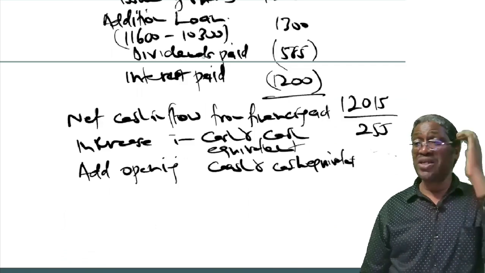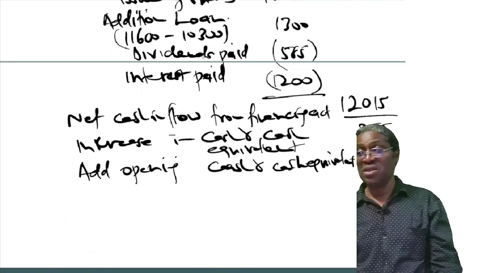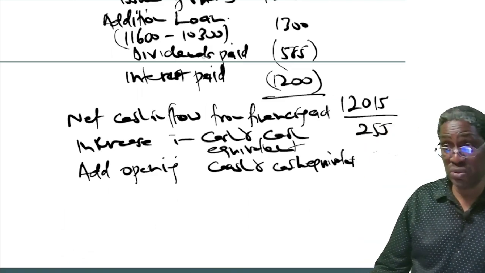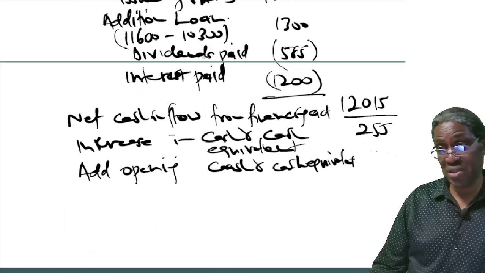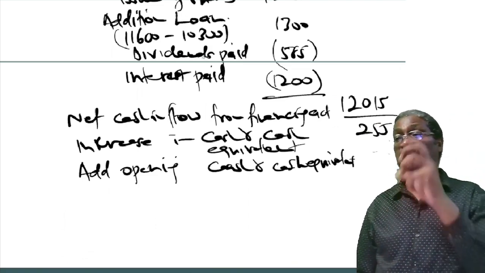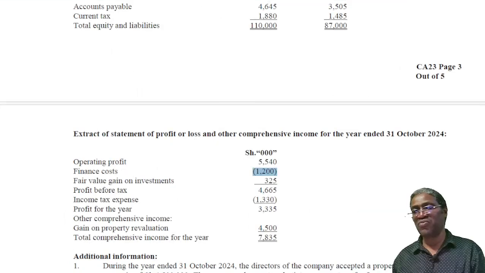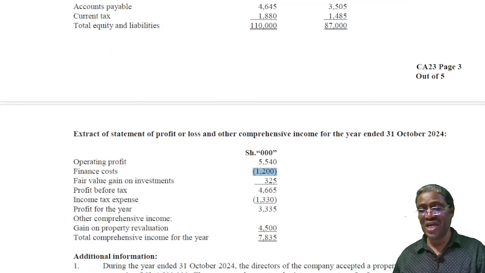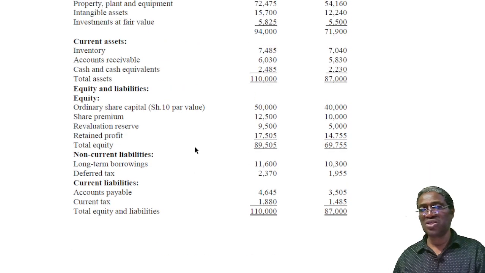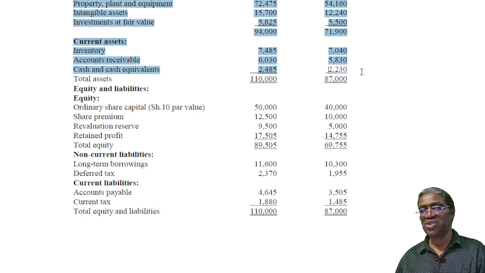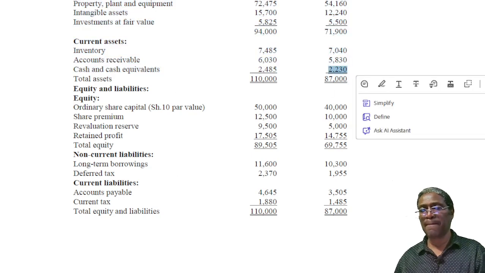You go to the balance sheet now. This is where I was saying you don't have to analyze cash flow or cash balances. Now go pick it. Let's go and pick the balance of cash in the balance sheet last year. From this balance sheet last year, I can see the cash was 2,230.